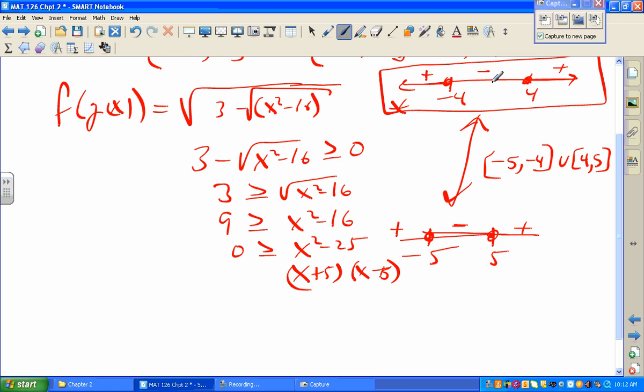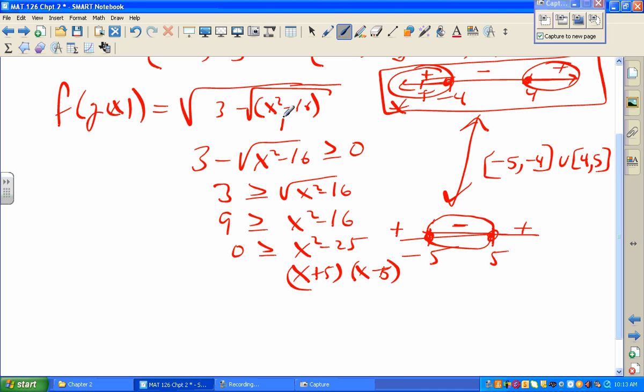Well, if you look, wait a minute, yeah, because I want the positive region over here for this part. So if you combine that with this picture right here, the negative region, well, if you put a negative 5 on there, it's going to be to the outside, so it's still in, and we go to the left, you're going to have to stop at negative 4.